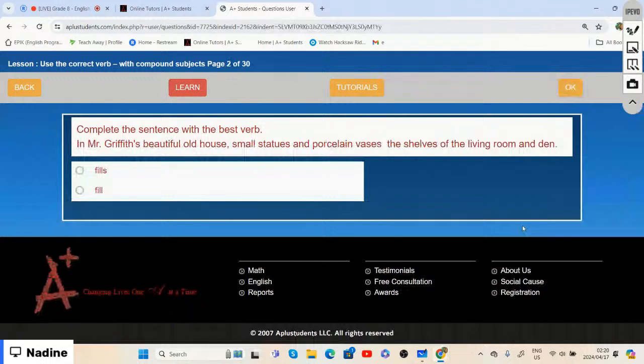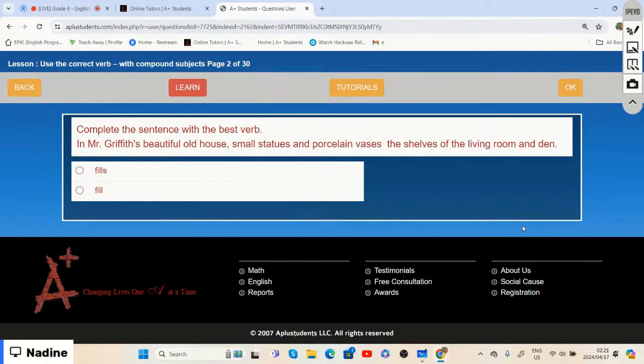In Mr. Griffith's beautiful old house. All right, so we must complete the sentence with the base verb.